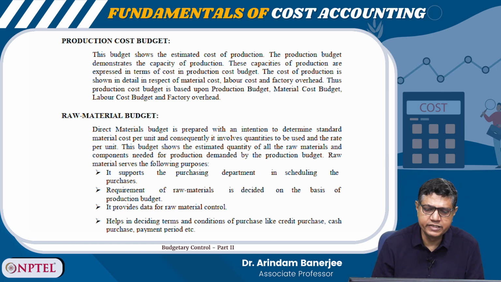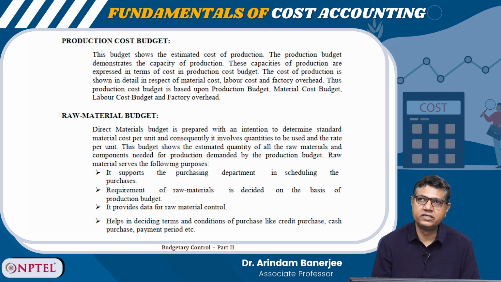So the raw material budget is prepared next, with an intention to determine standard material cost per unit, and consequently it involves quantities to be used and the rate per unit. This budget shows the expected quantity of all the raw materials and components needed for production demanded by the production budget.